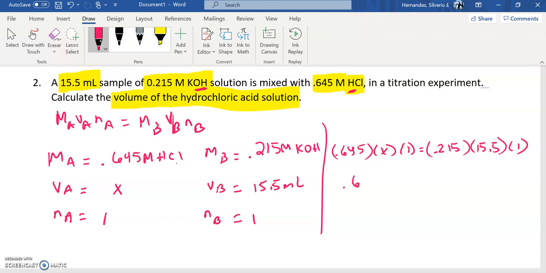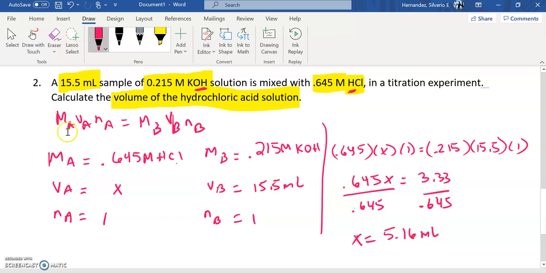So here I'm going to get 0.645x is equal to 3.33. Divide both sides by 0.645, and I get that x is equal to 5.16 milliliters.